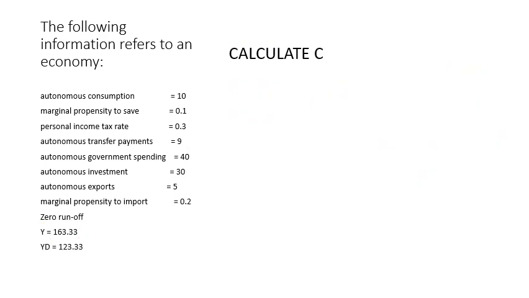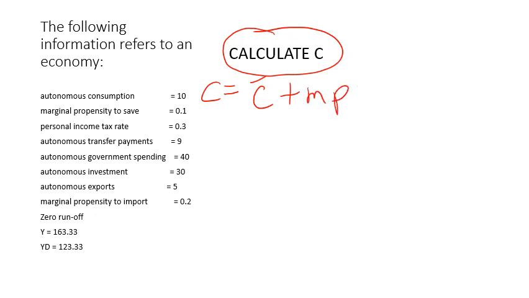All right. The next calculation, calculate total consumption. So total consumption is equal to autonomous consumption plus non-autonomous consumption, which we can state this way: MPC times YD. All right, now the numbers. Autonomous consumption is 10 plus MPC is 0.9. How do we know that?